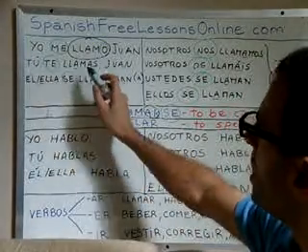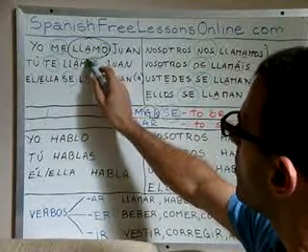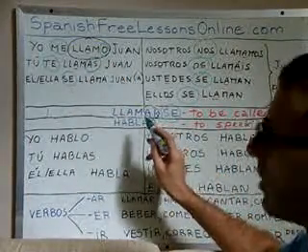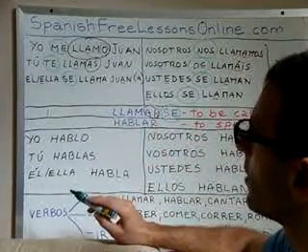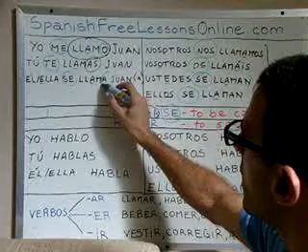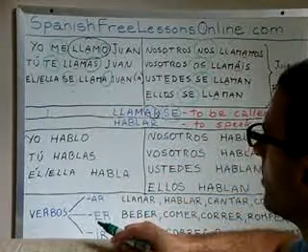For tú te llamas, you strip out the ar, the ending, and you add as. For él or ella, llama. Okay?